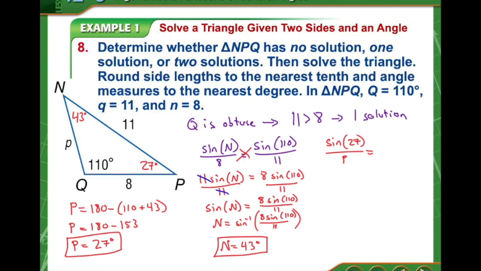So sine of Q, 110, over side Q, 11, ready to cross multiply. So P times sine of 110 is equal to 11 times sine of 27, and dividing both sides by sine of 110.